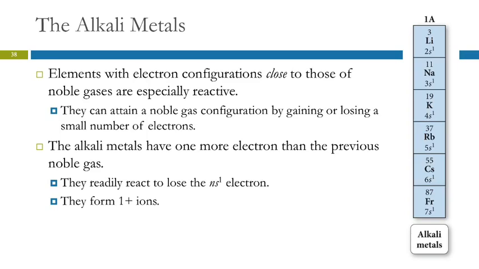But the electrons are in the configuration of neon, and so that is more stable than sodium with that 1 extra valence electron. So it will react very easily to form an ion. And that's true of all of these guys. They will lose 1 electron, and in doing so, they have an electron configuration the same as the previous noble gas.